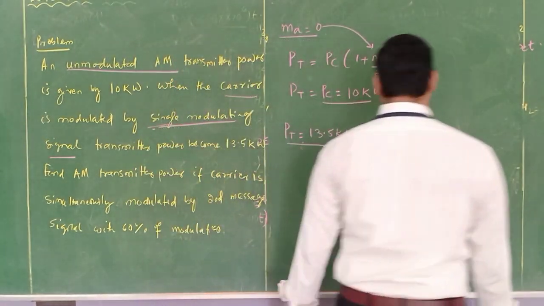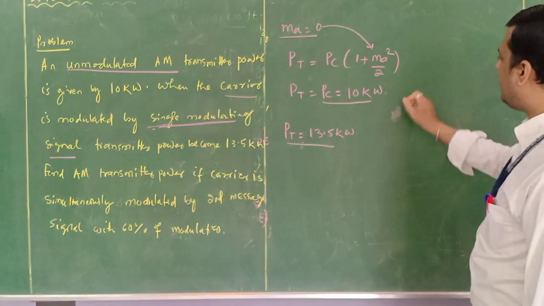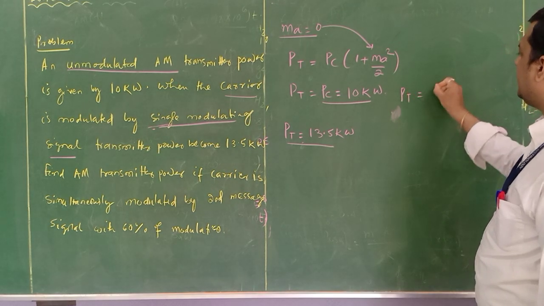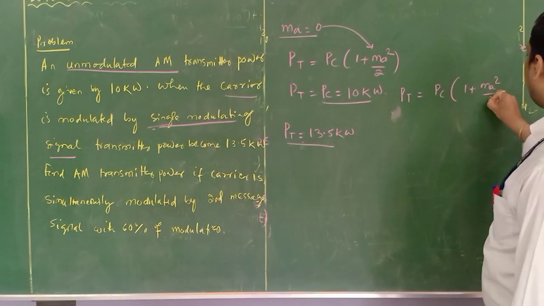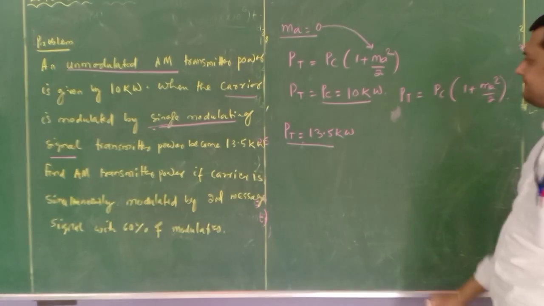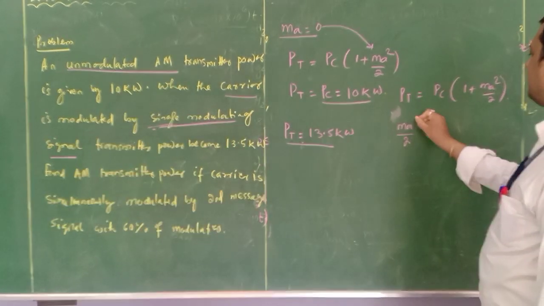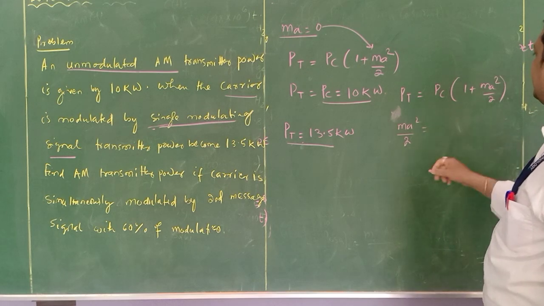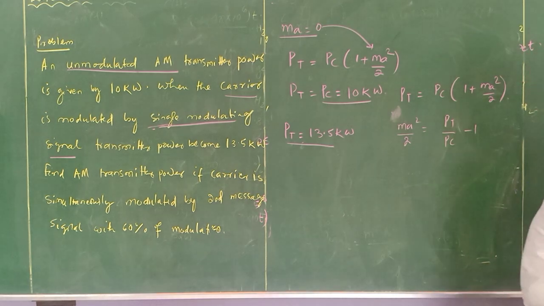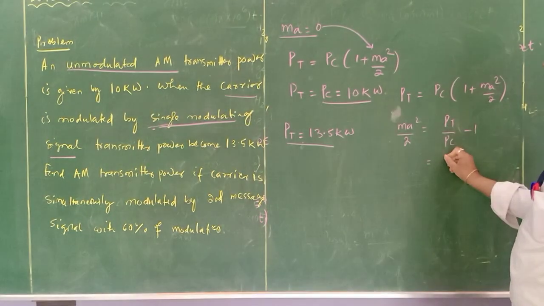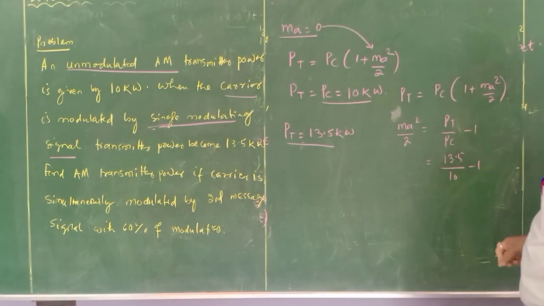We have to identify the modulation index. So how can we find it? PT = PC + PC MA²/2. So MA²/2 is PT/PC minus 1. PT is our 13.5 divided by 10 minus 1.